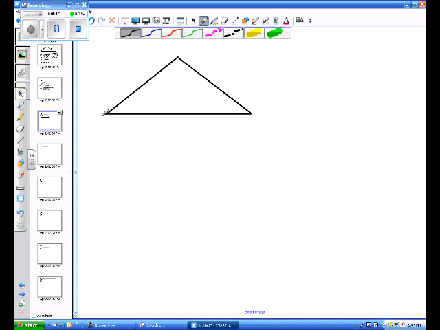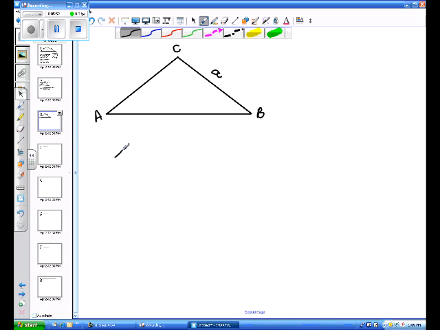So let's say we were given angle A, angle B, and any of the sides, so let's say side a. We want to see how we could go about solving this. Well, if we're given angle A and angle B, we know we can find angle C. And we know then from the law of sines that we could find one of our other sides.